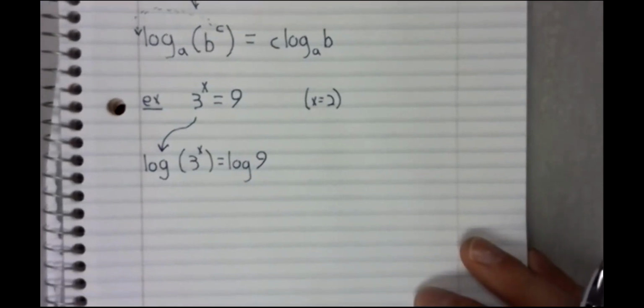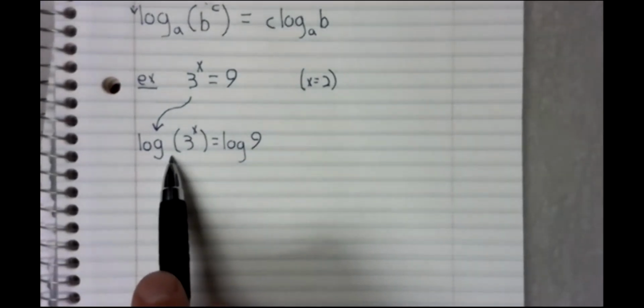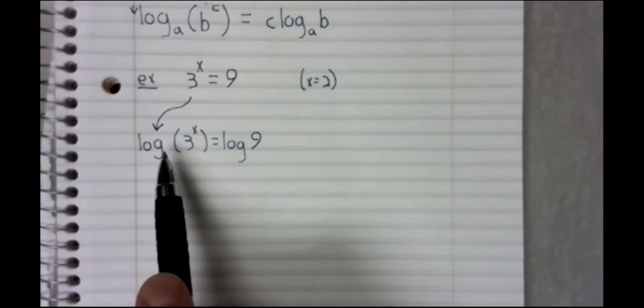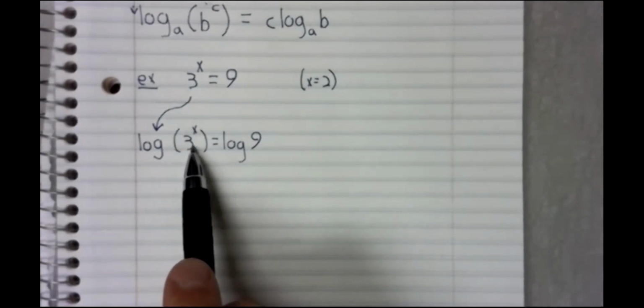Now, on the left-hand side, we do not have cancellation. This is the logarithm base 10. Here the base is 3. Those do not cancel each other out.